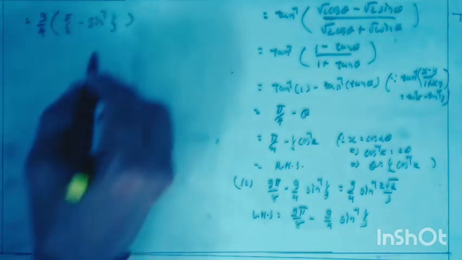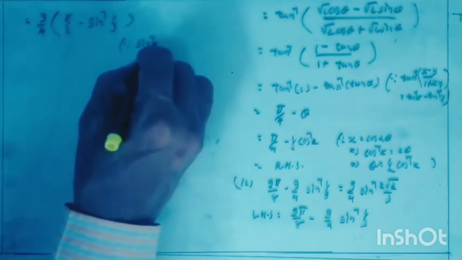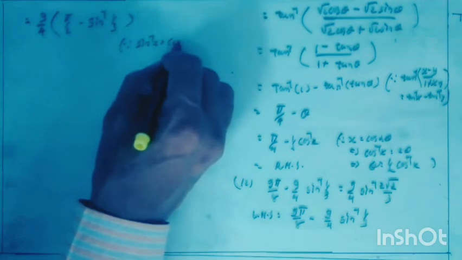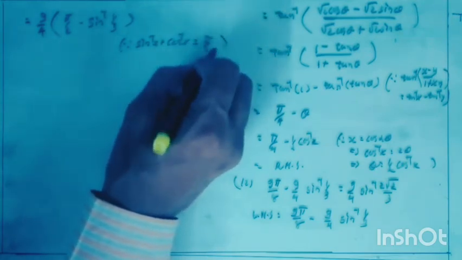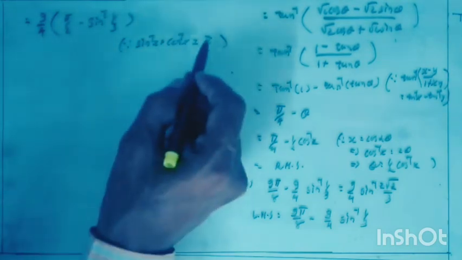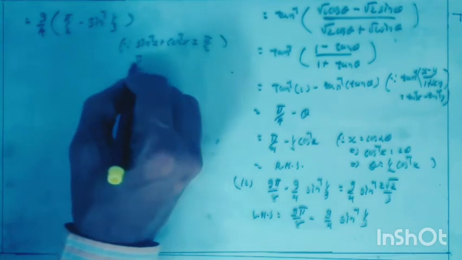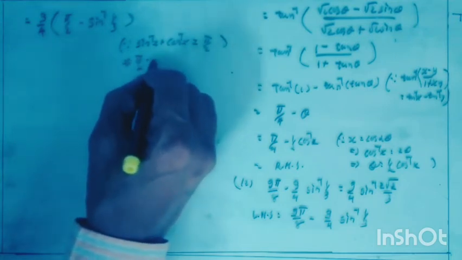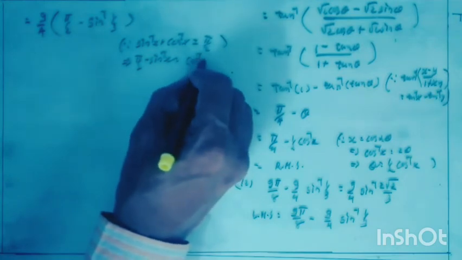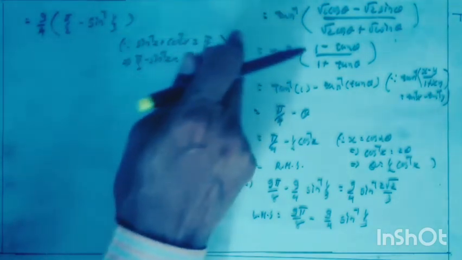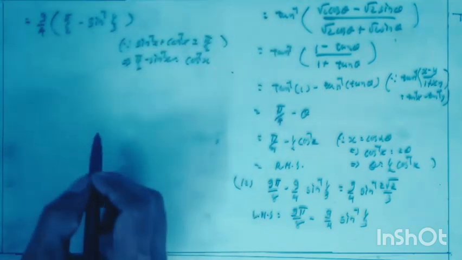Now we know the identity for inverse functions: sin inverse x plus cos inverse x is equal to pi by 2. So pi by 2 minus sin inverse x is equal to cos inverse x.